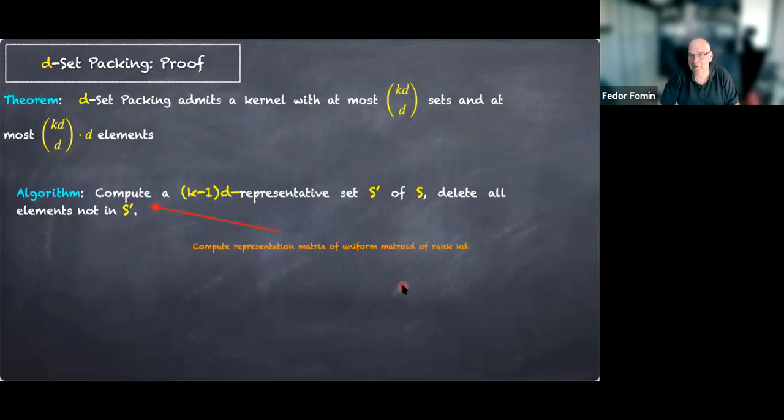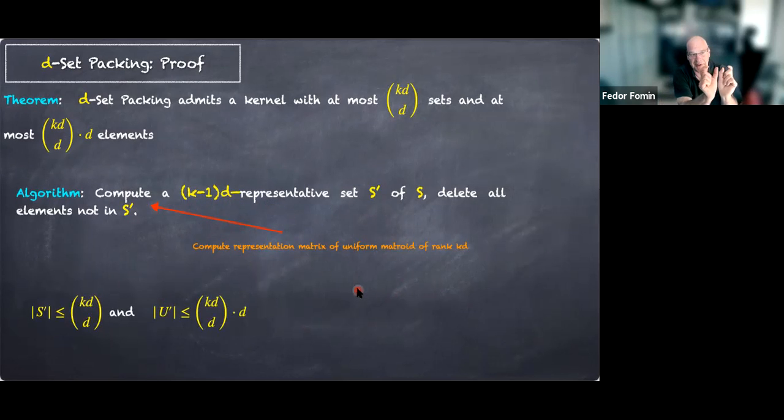And again, to compute them, of course, I have to go to the matrix representation of the uniform matroid. The size is trivially bounded: I have a set of size d, and then the sets which are (k minus 1) times d representative.